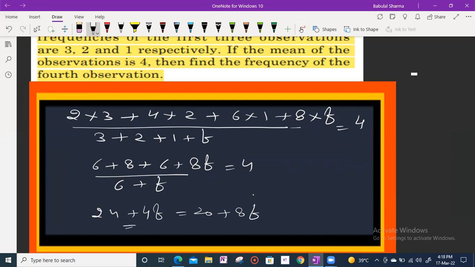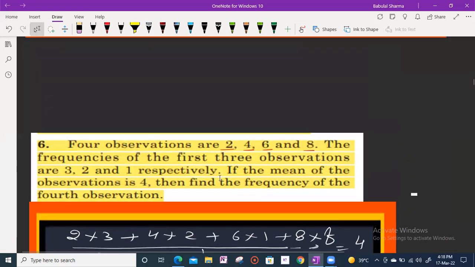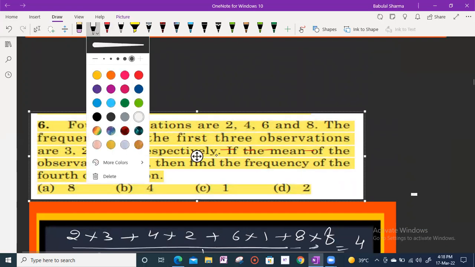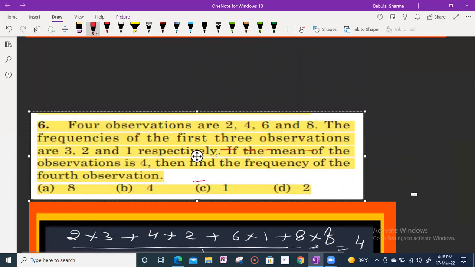On further simplification, we write f is equal to 1, answer. So the frequency of the 4th observation, that is 8, is 1. So 8 will appear 1 time. So now we can check the answer here. Is 1 the option given here? Yes. So C is the correct option here.